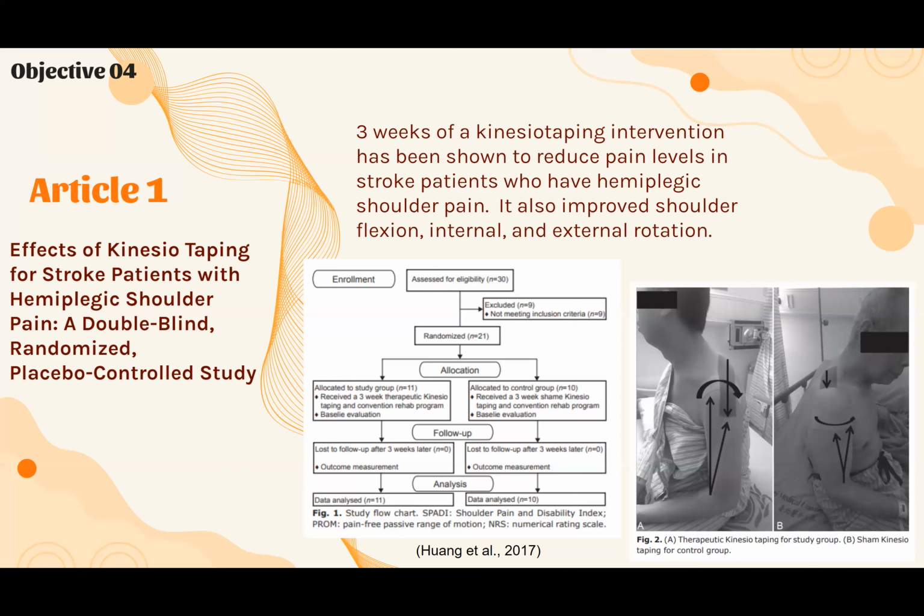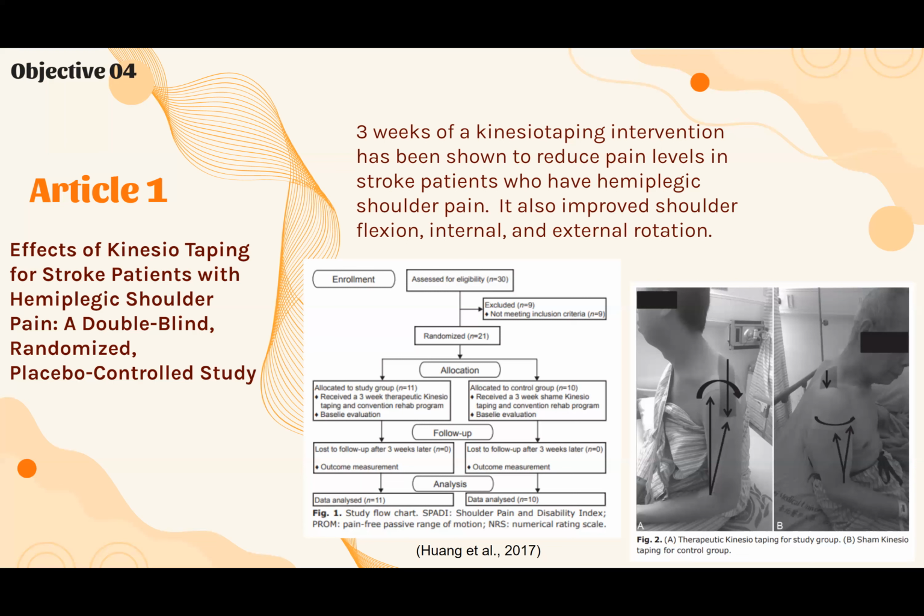Exclusion criteria for participants include shoulder pain or a history of surgery in the affected shoulder before the onset of the stroke, skin problems, wounds, or infection on the affected shoulder, experience of using KT tape, or a history of allergy to KT tape.